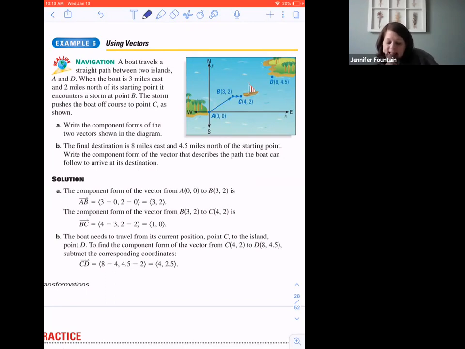So if we see that it started at 0, 0 and 3, 2, that's our vector. We can see that. And then it says that it went 3 miles east and 2 miles north.